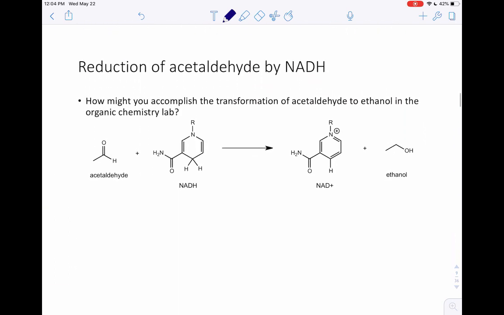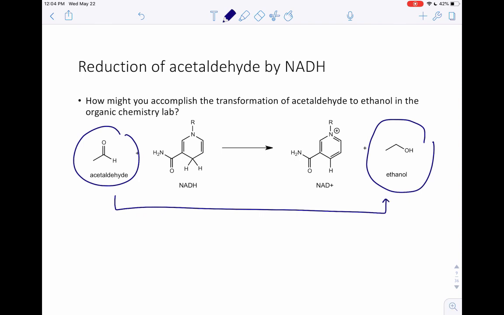So how might you accomplish the transformation of acetaldehyde into ethanol in the lab? Using NADH would probably not be all that useful. We'd also have to use an enzyme. Right, so we can reduce aldehydes with sodium borohydride in the presence of an alcohol solvent, where the borohydride is adding the new hydrogen, the nucleophilic hydrogen, to make ethanol.